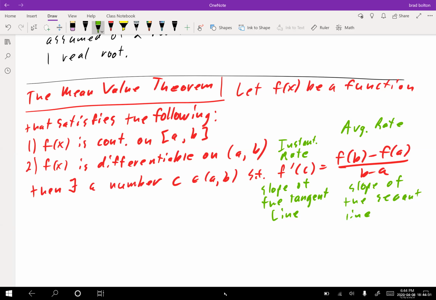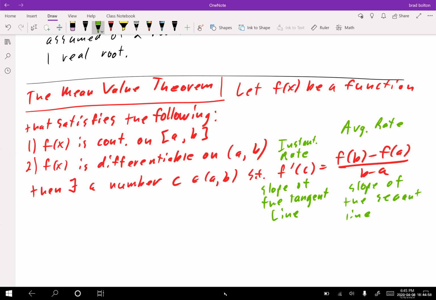Let's say you started measuring from 60 miles per hour, and stopped measuring at 87 miles per hour, and your average rate of change was 75. Well, in order to average 75, you had to go through an instant where you were going 75 miles per hour exactly, instantaneously.